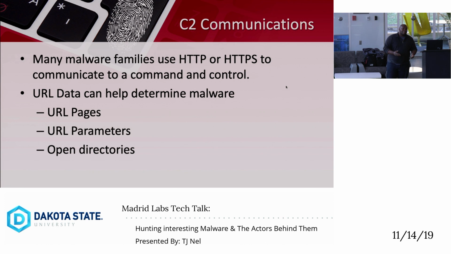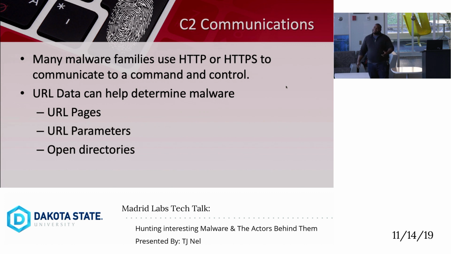Well, there's a lot of things in URL traffic that you can use to track different pieces of malware. So some of those things are URL pages. So if you're going to a certain page, like, this is my badscript.php, anytime you see that in your URL logs, you're probably going to want to look at it. Also, URL parameters.